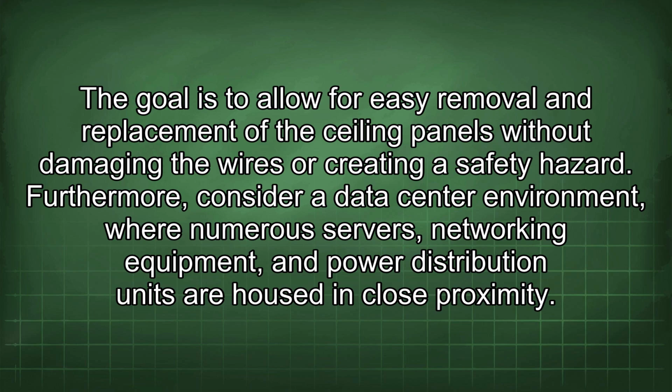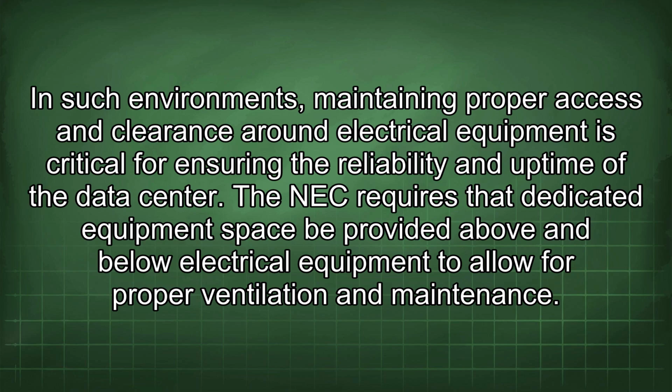Furthermore, consider a data center environment where numerous servers, networking equipment, and power distribution units are housed in close proximity. In such environments, maintaining proper access and clearance around electrical equipment is critical for ensuring the reliability and uptime of the data center. The NEC requires that dedicated equipment space be provided above and below electrical equipment to allow for proper ventilation and maintenance.